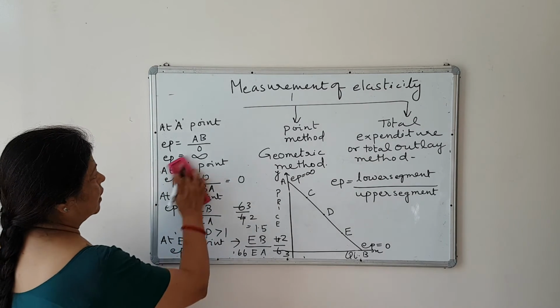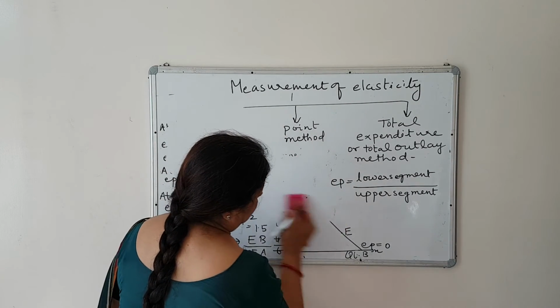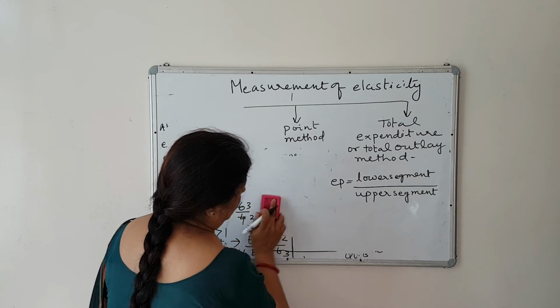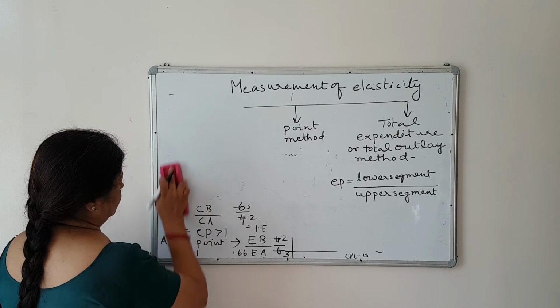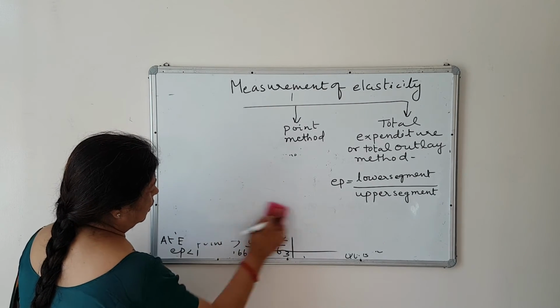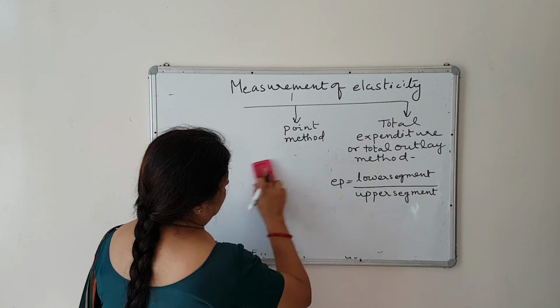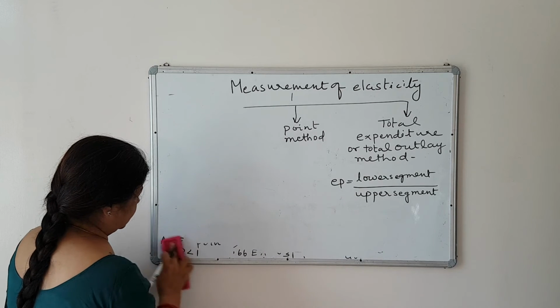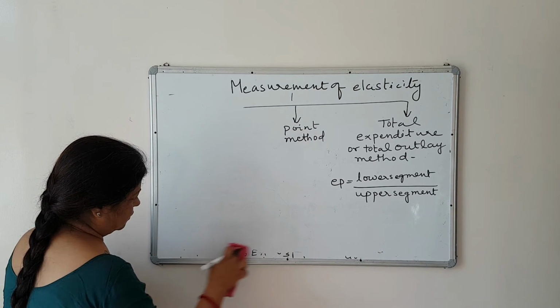Now after that, measure elasticity with the help of the point method on a non-linear demand curve. A non-linear demand curve means the demand curve is not a straight line, there is a slope in the demand curve.